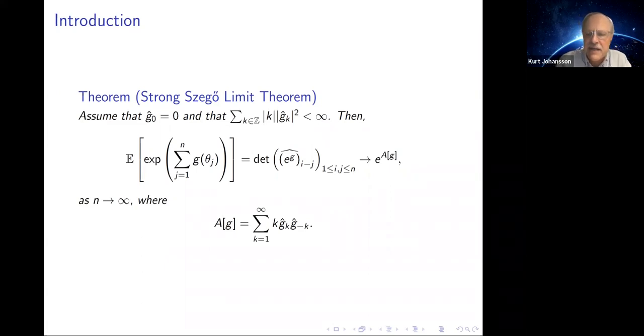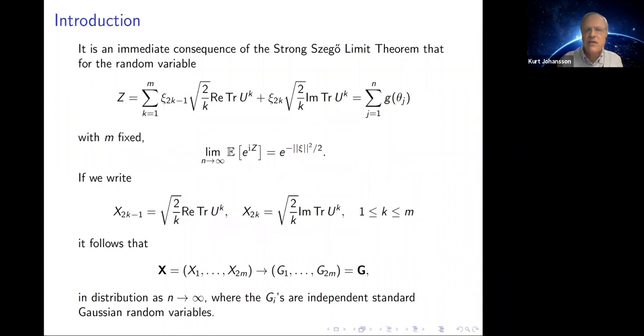Combining these results, we get immediately a central limit theorem type of result, or a Gaussian limit result, for this linear statistic. If we take the case M fixed here, and I put an i here, so I look at the characteristic function, the Fourier transform, of this random variable Z, then it follows immediately from the strong Szego limit theorem that this converges to e to the minus the norm of psi squared over 2.